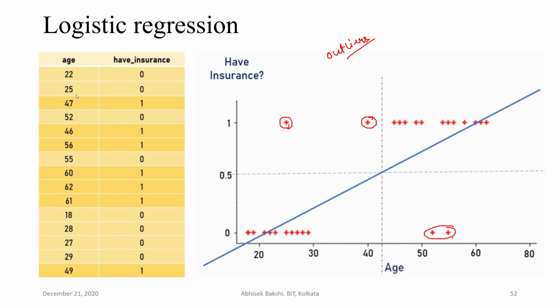That's why these two are called outliers. Okay, so till now this is okay.